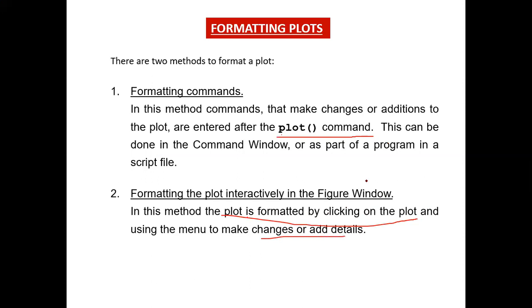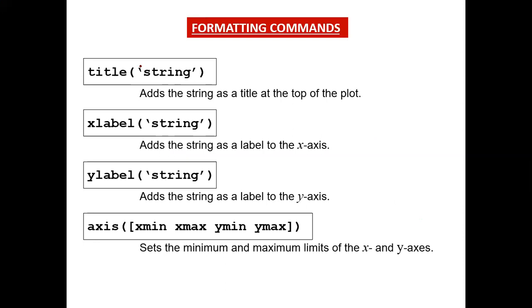Then another one is adding the title. How can we add the title to the plot? We give title, then string. We add the string as a title at the top of the plot. That is a title.